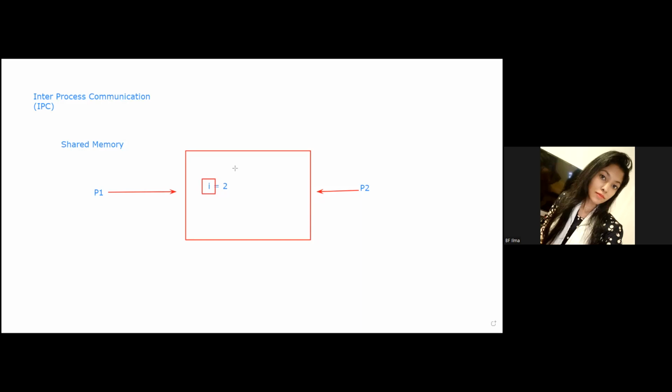Suppose that P1 has several instructions like this, and these instructions are with respect to this I value, so it uses this I value.